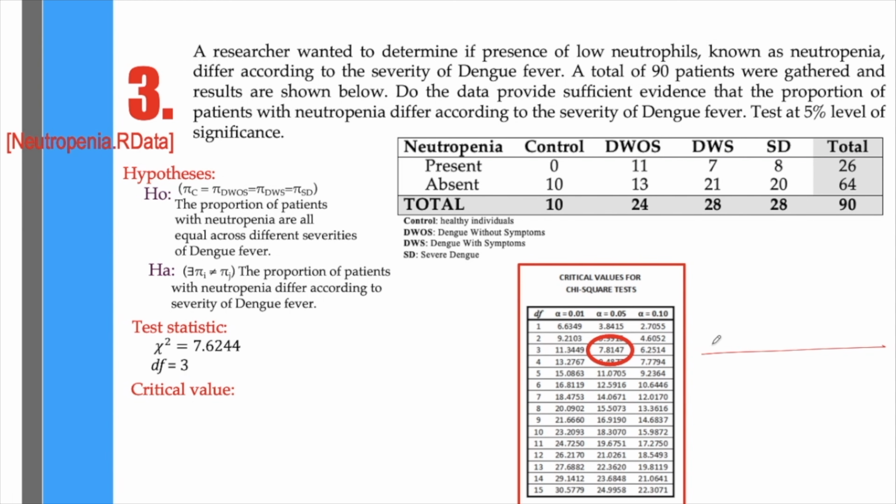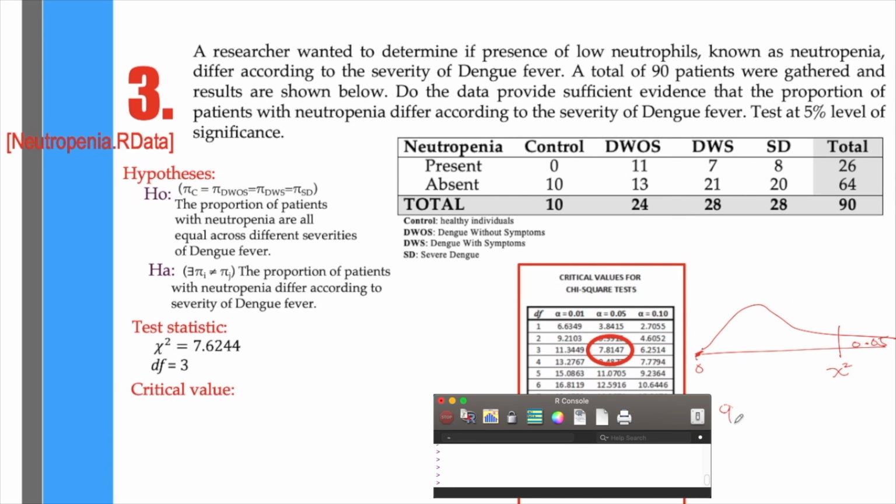Chi-square is very similar to the F distribution, meaning the leftmost value is 0, because chi-square cannot be a negative value. So if this is 0.05, then this value of chi-square is qchisq of 0.95 with degrees of freedom 3, since the area here is 0.95, given that this is 0.05.